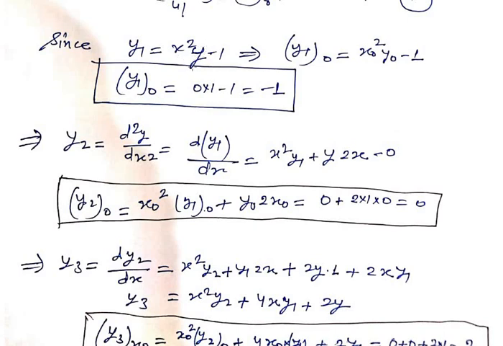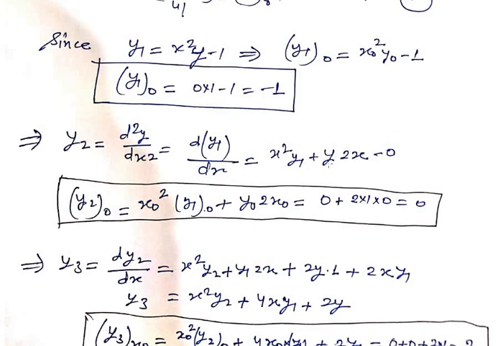So differentiation of y is dy by dx, which means y1. So x square y1 plus differentiation of first term, 2x, into y, so y into 2x, minus differentiation of the constant, which is 0. So what I am getting as d2y by dx2 is x square y1 plus y into 2x.